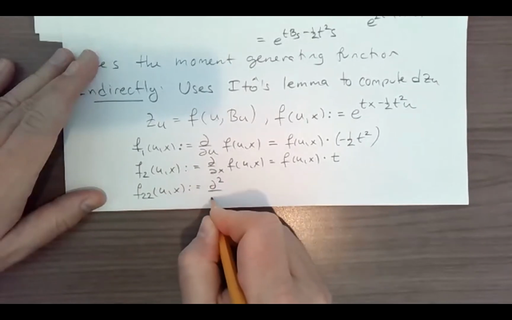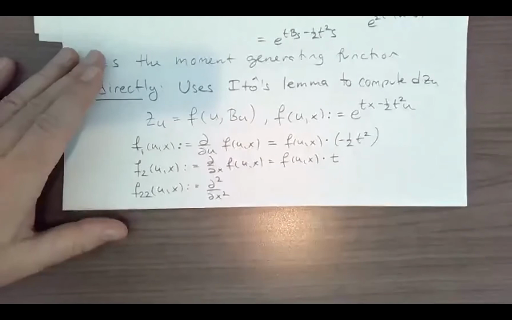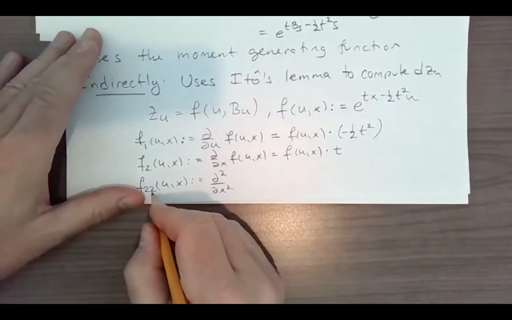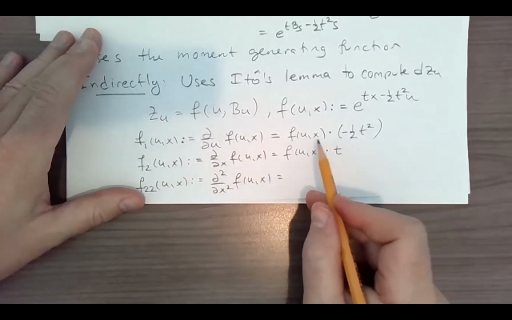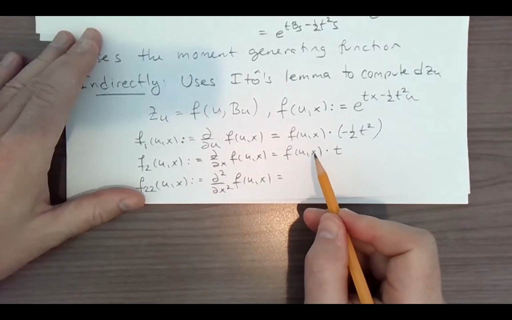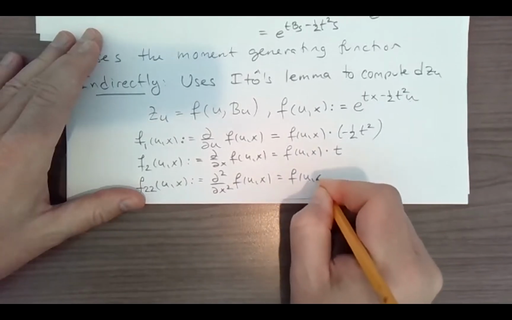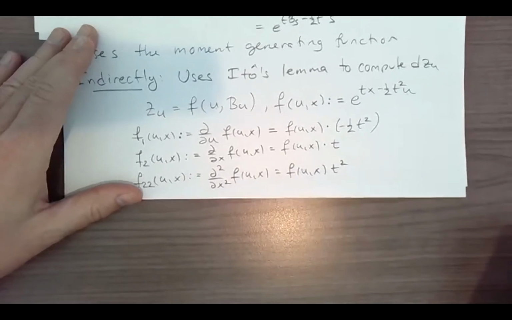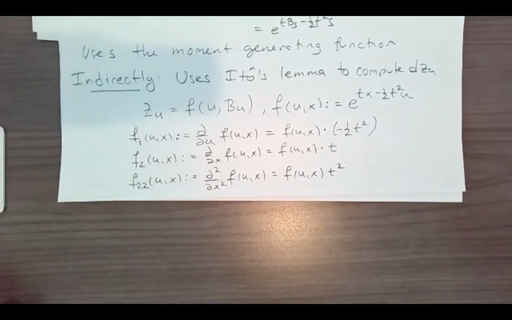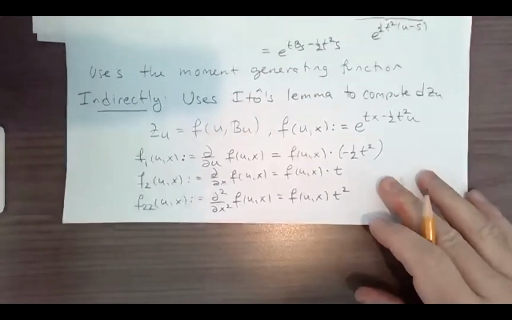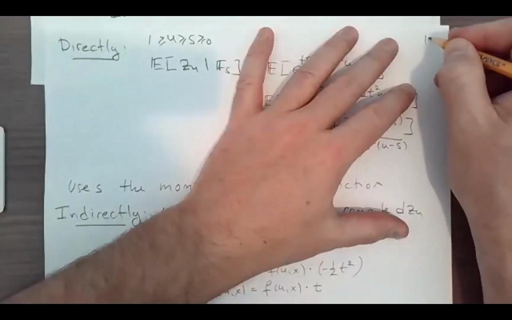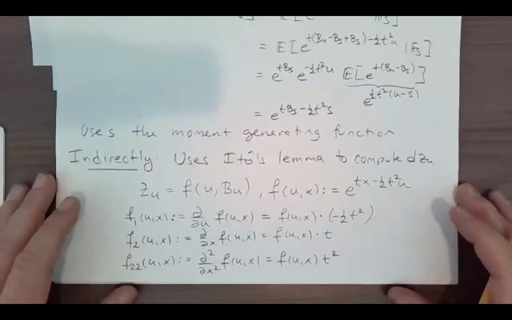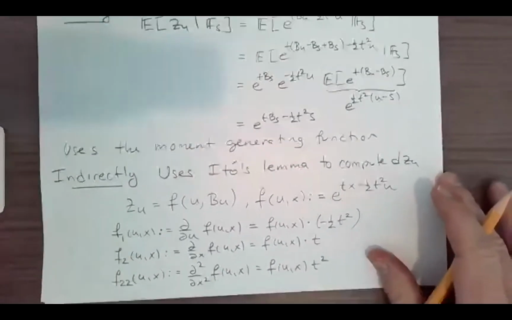This is the second derivative with respect to the second entry, f22. I need to take the derivative of this quantity here with respect to x. I'll get f of u and x times t squared.